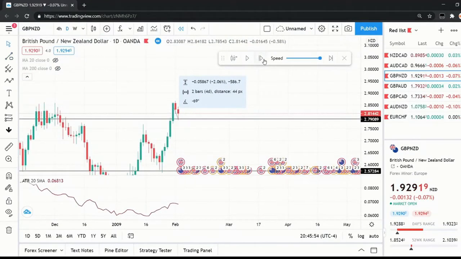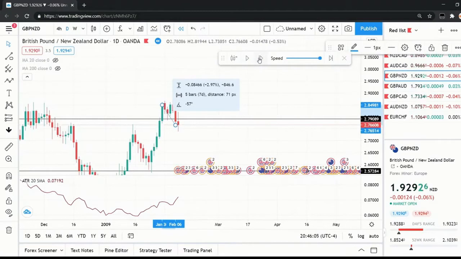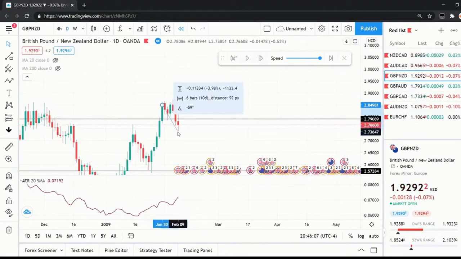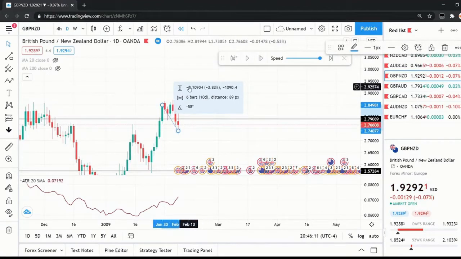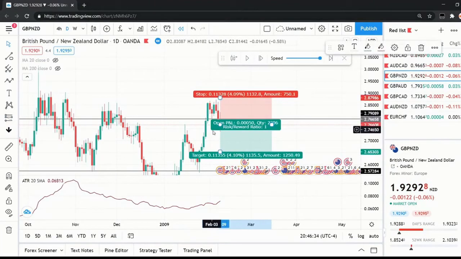So let's go forward. Still not a strong enough price rejection, so let's keep going forward. And there you go. This is my entry trigger to enter the trade, 1,090 pips. It meets my criteria, so I enter the trade. If I was to trade this now, I'll enter on this candlestick.